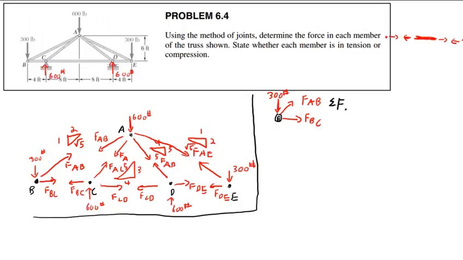so sum of forces I'm going to do in the y direction first, because if I did x direction first, I would have 2 unknowns and I'd be sad. So I'm just going to have negative 300 pounds plus FAB times 1 over root 5.